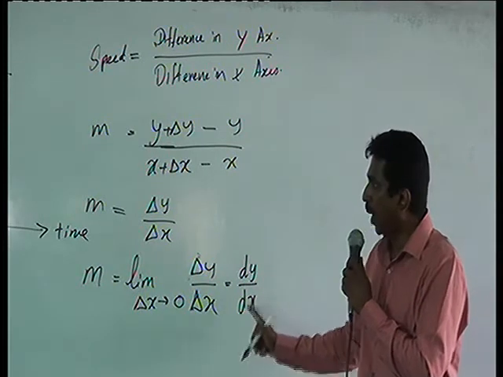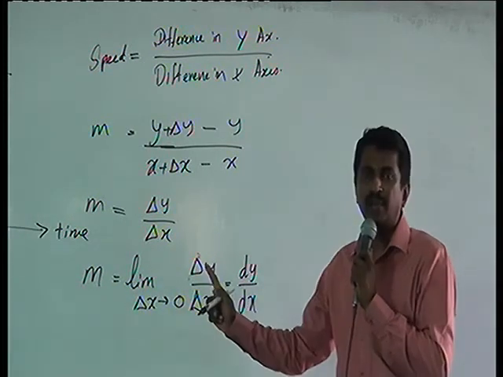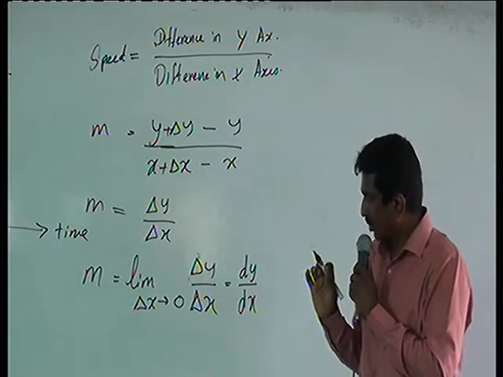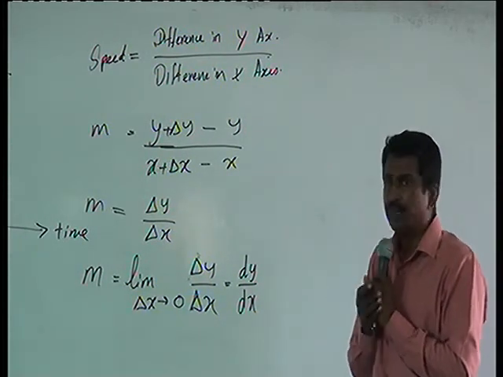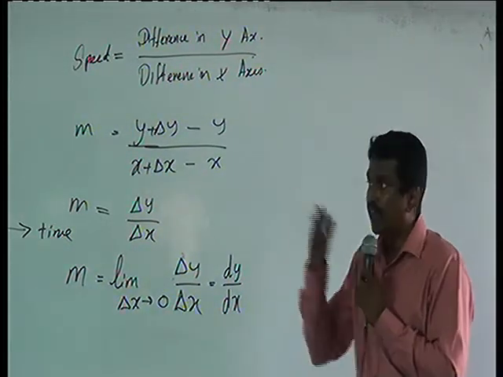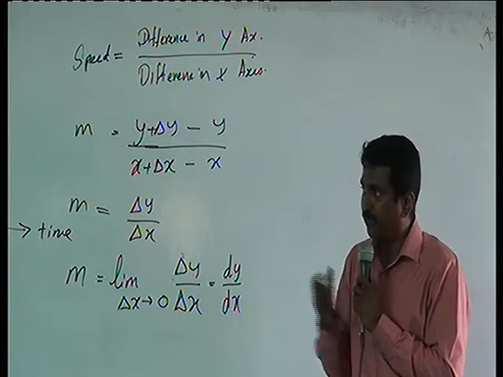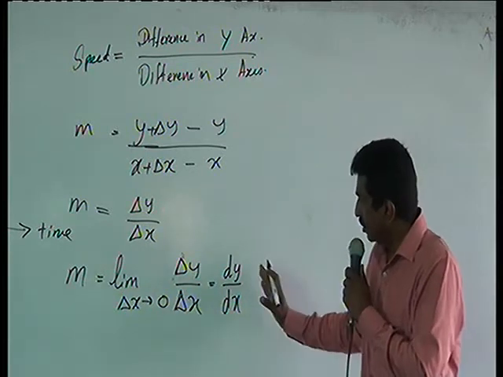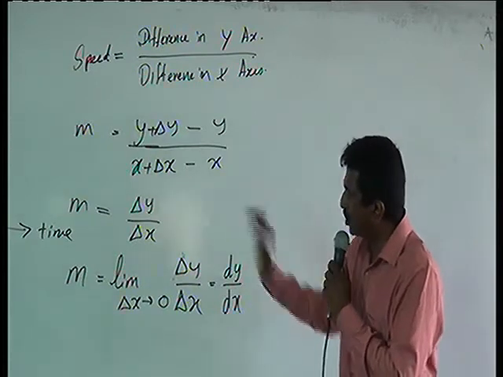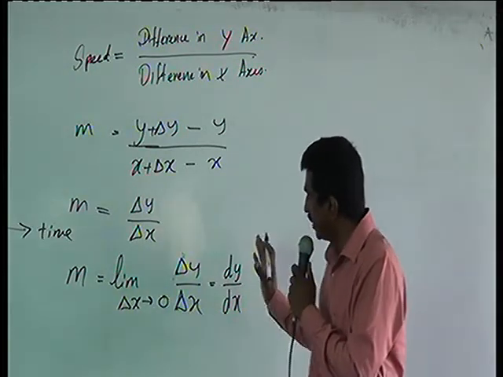So up to here, all is the theoretical part, not the computations. For our examination, what we need to study are the computations, to simplify the application questions. Up to here was the theoretical part, the approach of how this becomes dy by dx.